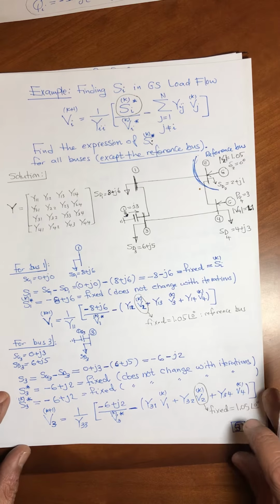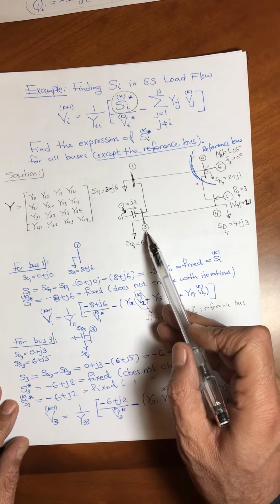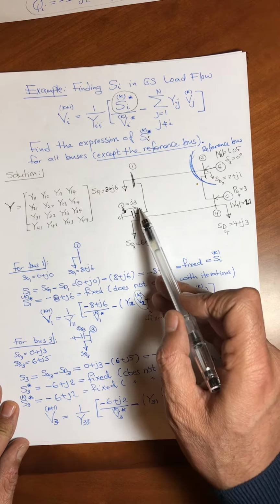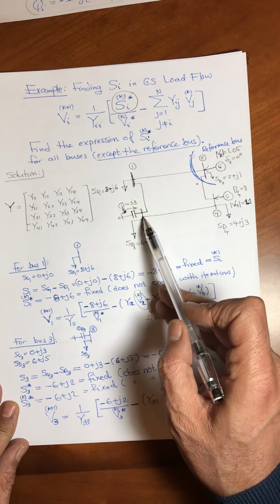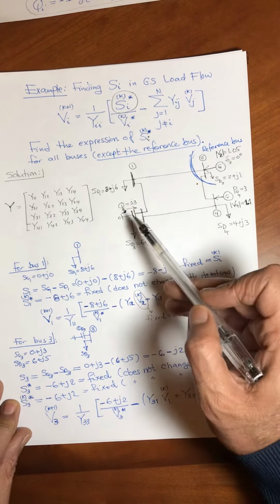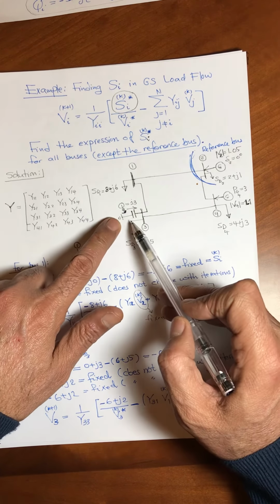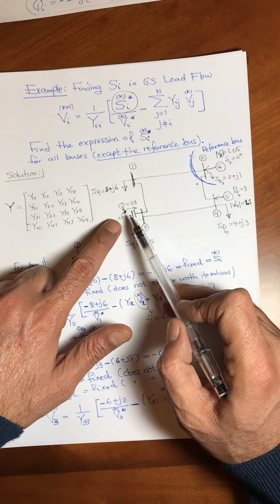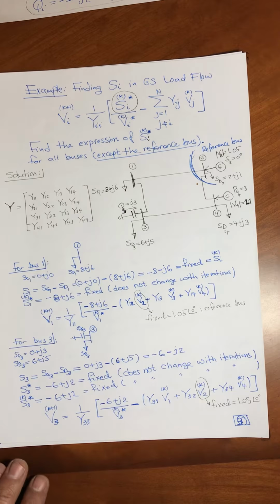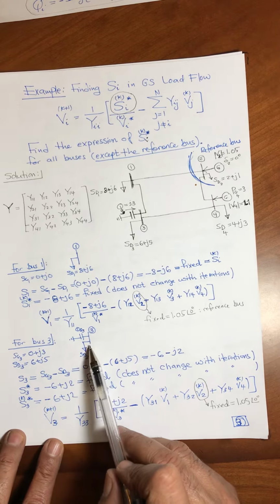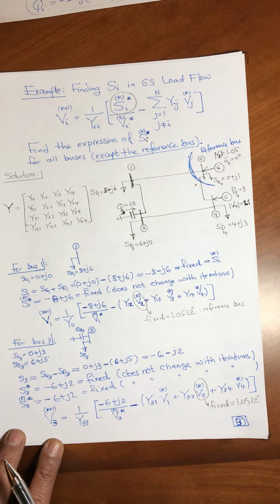For bus number 3, this is a load bus, the same as here, with one exception that there is a capacitor at bus number 3 which produces reactive power. This is bus number 3.